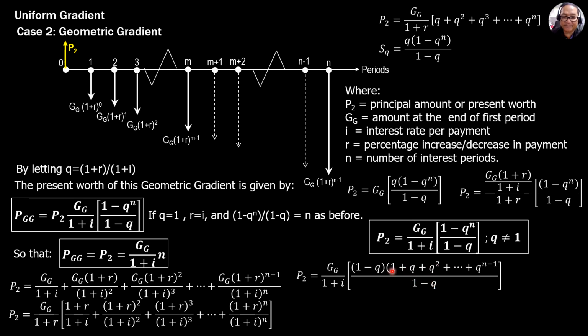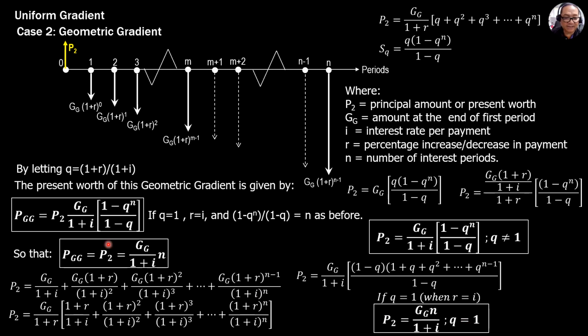So we replace this by simply n, and the formula reduces to G sub G n over 1 plus I. So if Q is 1, when R is I, then P sub 2 is equal to G sub G n over 1 plus I, provided Q is 1.